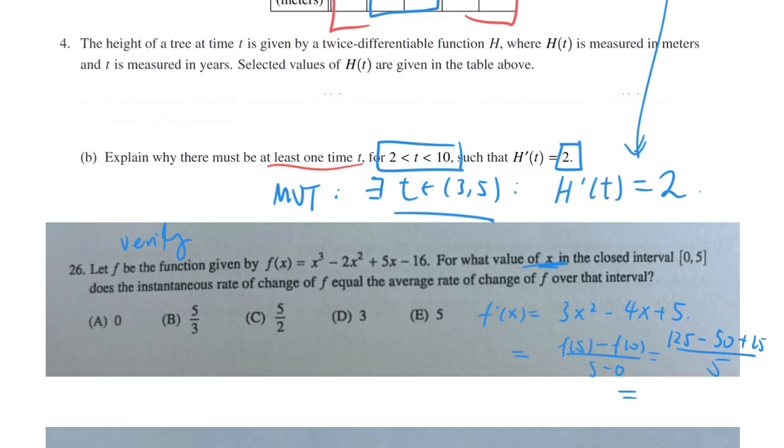And that is equal to 20. So we get 3x squared minus 4x minus 15 is 0. And so we can just solve this quadratic right over here. And that is (x minus 3)(3x plus 5) equal to 0. So x is equal to 3 because we want x to be within this interval.